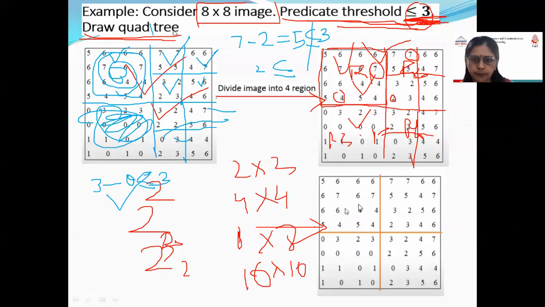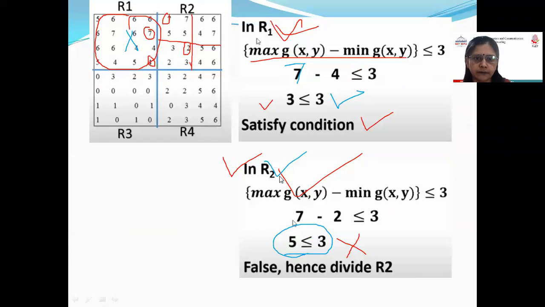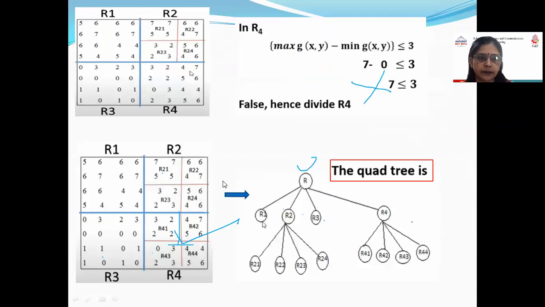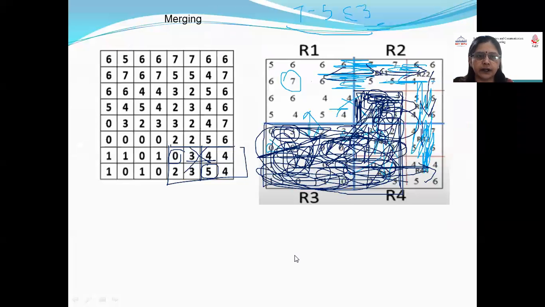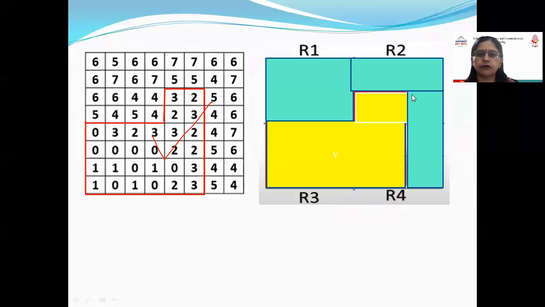Okay, so the same process is explained here. This is after the split operation, where we get these different trees, and after merging finally we get this region. So this entire green color is one region, and this yellow color is another region.